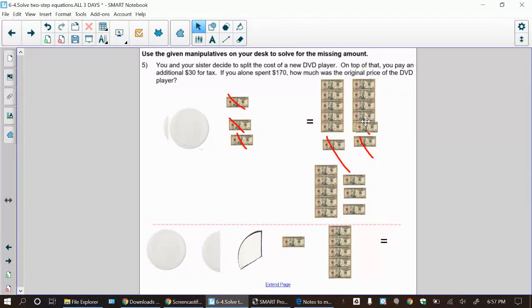I'll replace that one with this one here. 50, 100, 150, 160, 70, and 80. So we're saying that the whole DVD player then actually equaled $180.